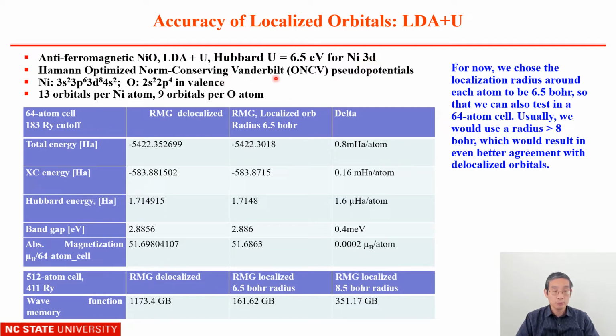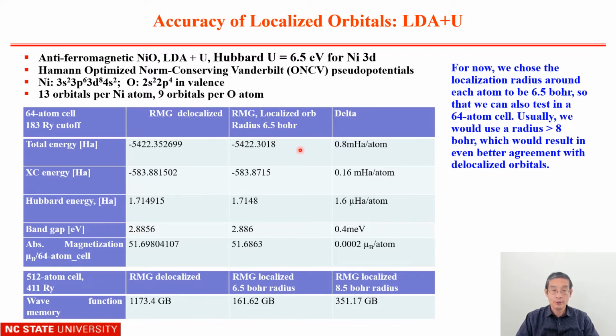We use Hamann pseudopotentials with this configuration, and use 13 orbitals per nickel atom and 9 orbitals per oxygen atom. For this test, we only use a very small radius, 6.5 Bohr. Usually we will use a much bigger one, like 8 or 8.5 or even bigger for more accurate results.